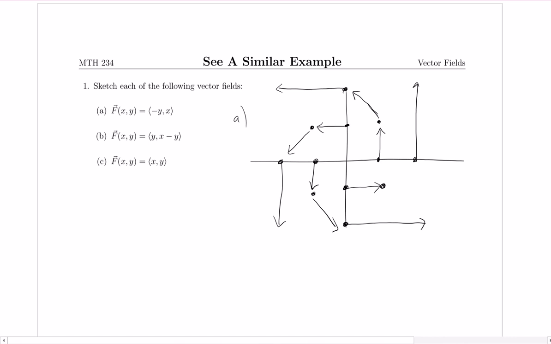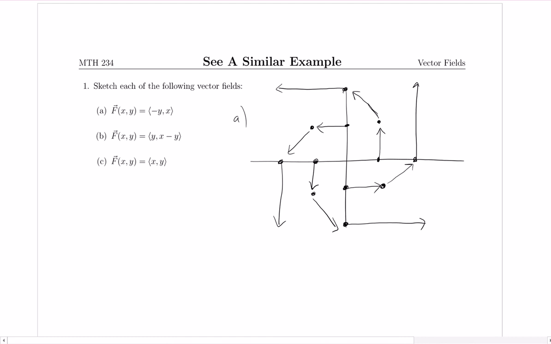And if we plug in (1, minus 1), we'll get this vector. So as you can see, the vectors sort of spin around the origin. Wherever they are, they point counterclockwise around the origin, and the length is proportional to how far the base point is away from the origin.